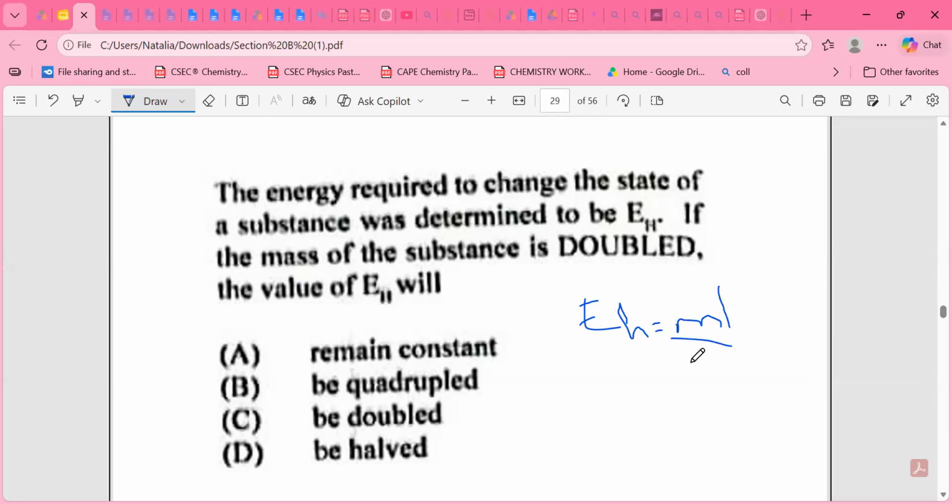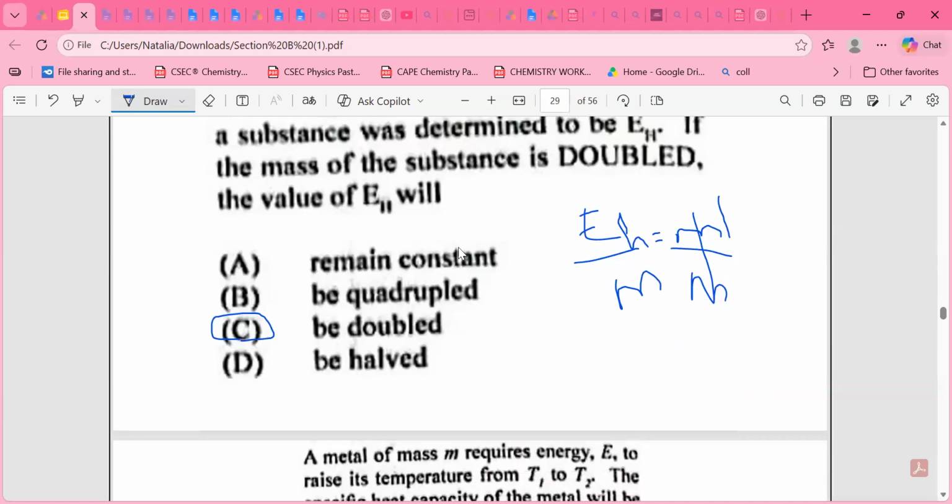So in terms of mass, EH divided by mass shows a direct proportionality. So if EH is doubled, mass will also be doubled. Clear? Yes, please.